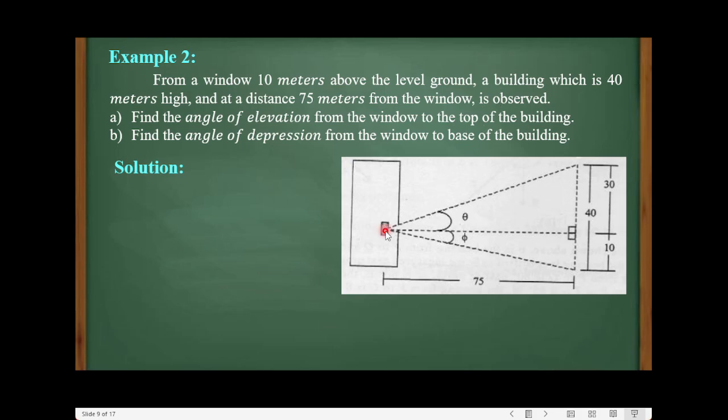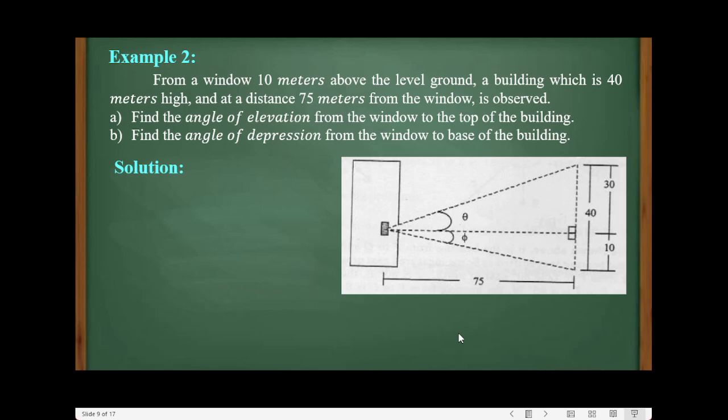Now there is an observer from this window, and he sighted the other building wherein he observed that the building is 40 meters high. Okay, and the distance between the two buildings, wherein one of those buildings is where the observer is located, no? And the two buildings are 75 meters apart.